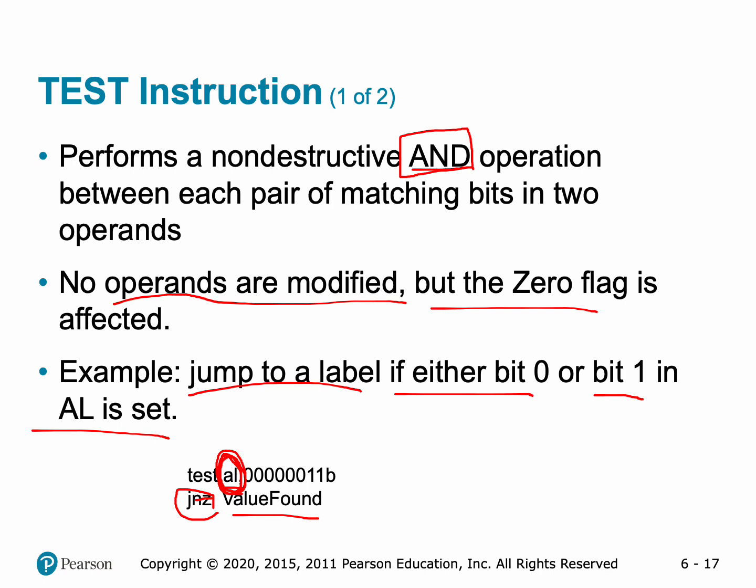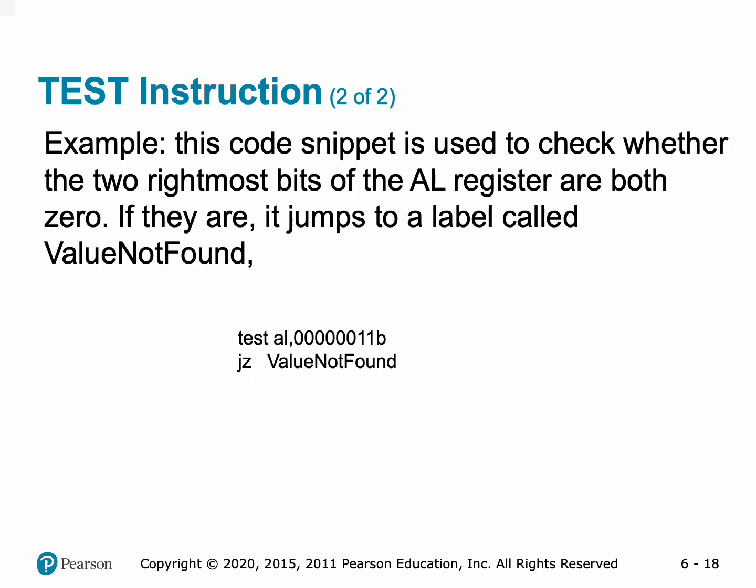Okay, the next slide. This code snippet is used to check whether the 2 rightmost bits of the AL register are both 0.